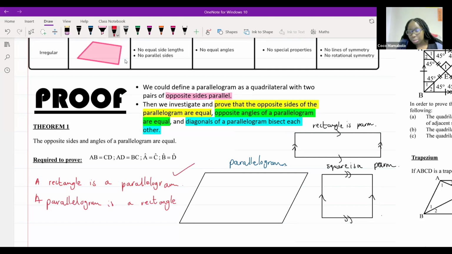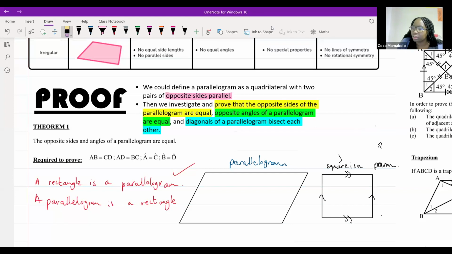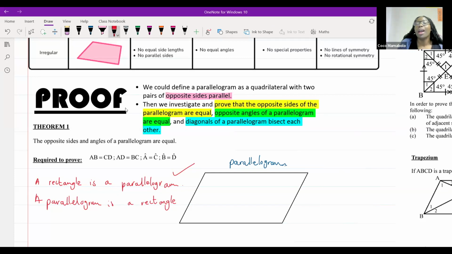This is a true statement, we've just looked at it. I can say a rectangle is a parallelogram, but can I say that a parallelogram is a rectangle? Sally says no. Somebody in the chat says yes. Mandisa, was that you? Unfortunately not, my darling, it's not.